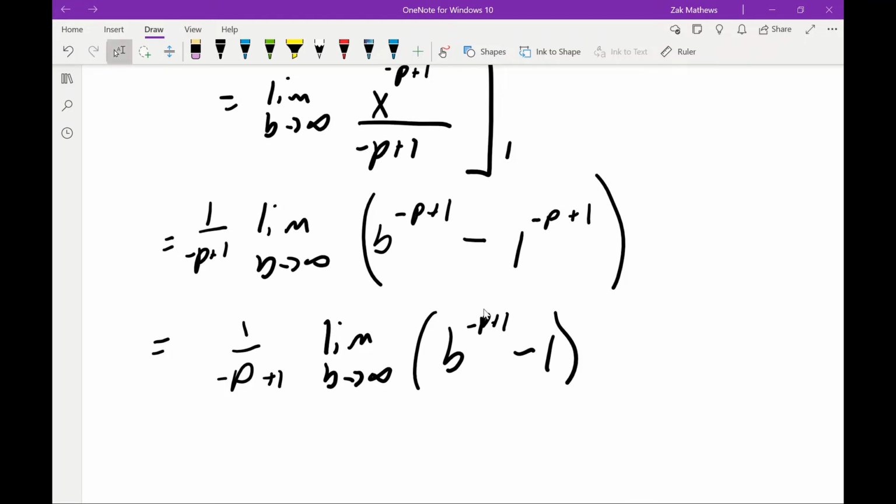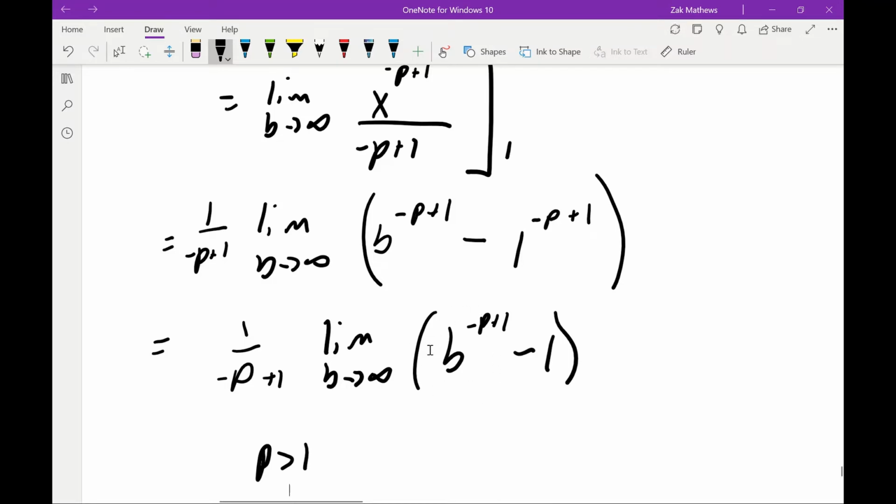So let's think about when our p is greater than 1. If p is greater than 1, that would mean that this number right here becomes a negative. We'd have b to the negative power. So if b is going to infinity, and it's in the denominator because this is negative, well, that means that this piece here is going to 0.